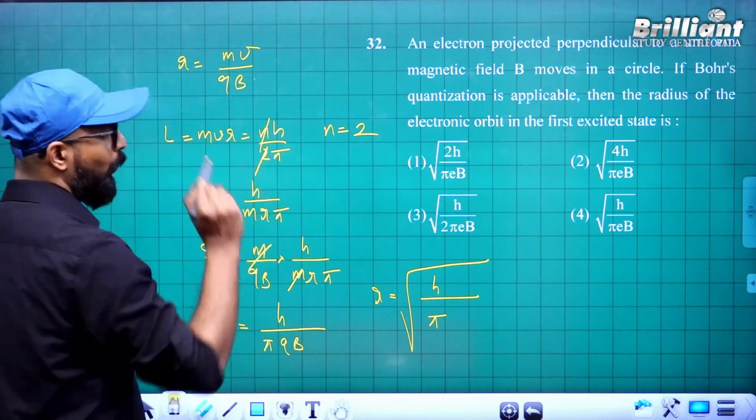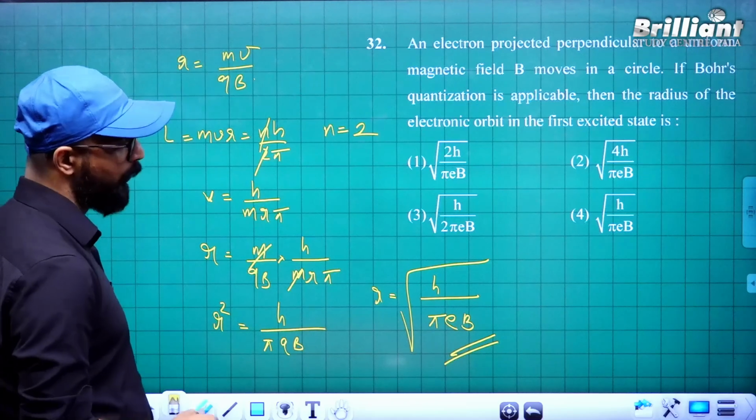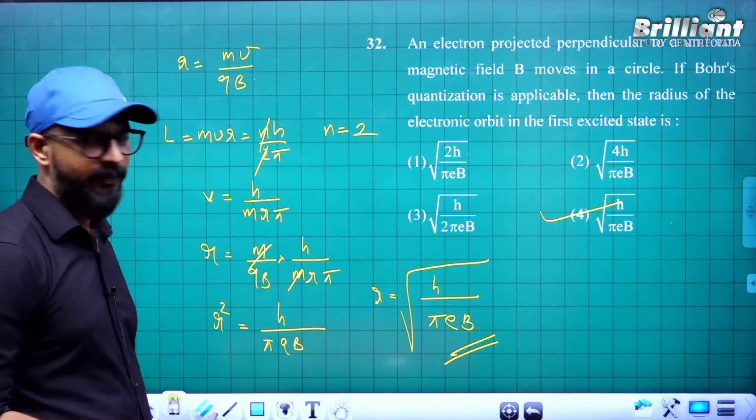We know it is an electron that is moving, so e into B, root of h by pi eB. Option 4. Clear? That's it.